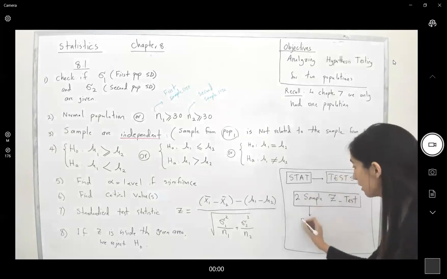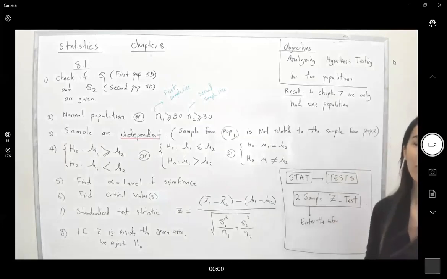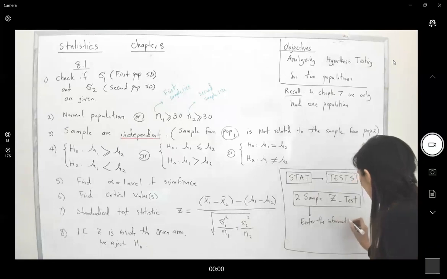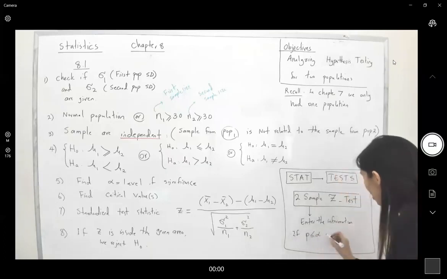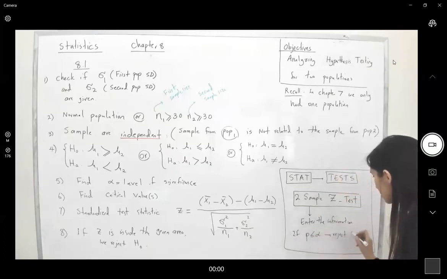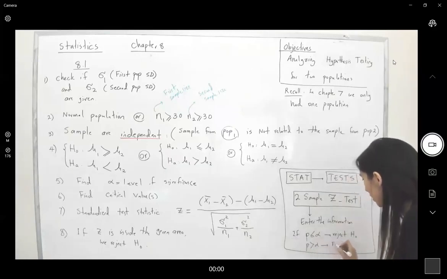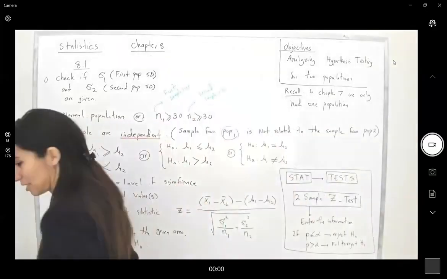Then we enter the information. If P is less than or equal to alpha, we reject the null hypothesis. If P is greater than alpha, we fail to reject the null hypothesis. These are the steps.